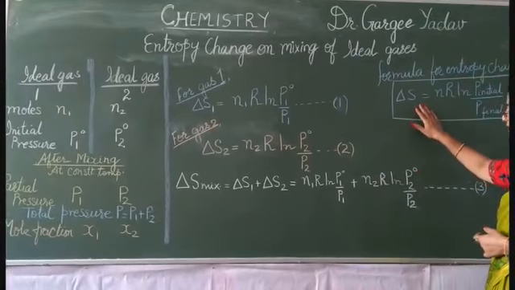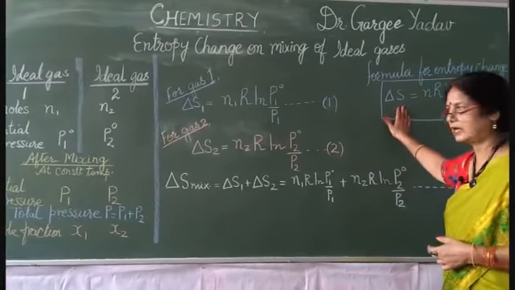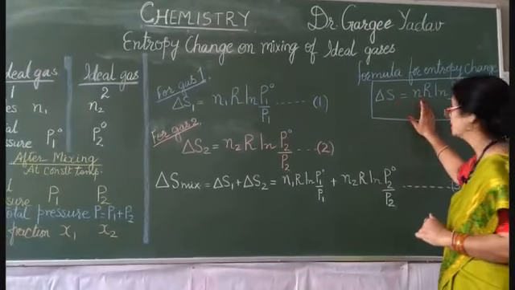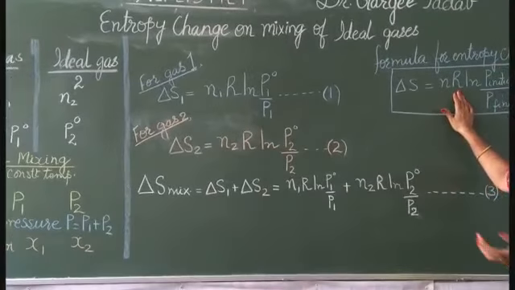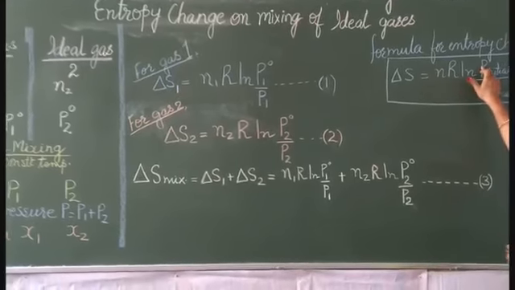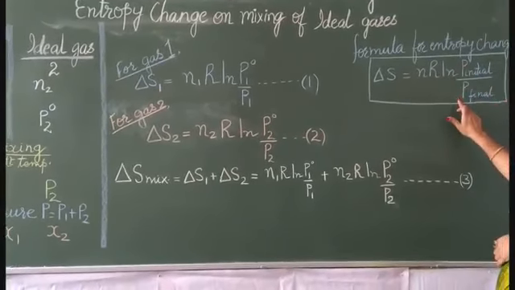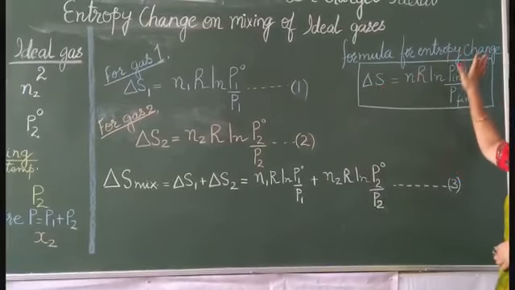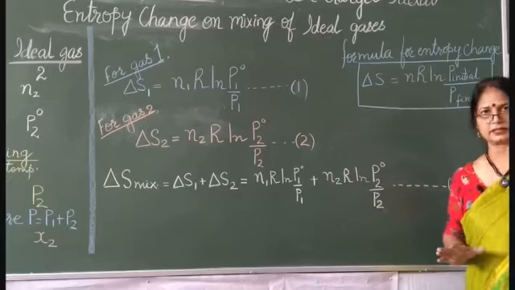So we all know the formula for the entropy change for an ideal gas. Delta S is the change in the entropy. Delta S is equal to N R ln of pressure initial divided by pressure final, where N is the number of moles and R is the gas constant. So this is the formula for calculating entropy change for an ideal gas.